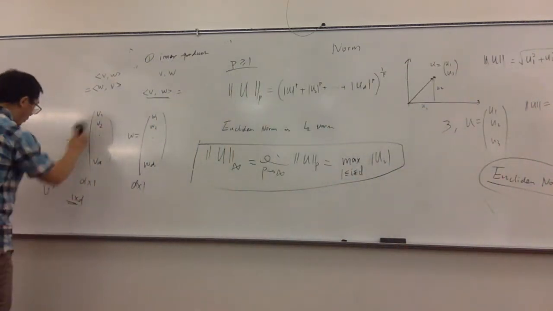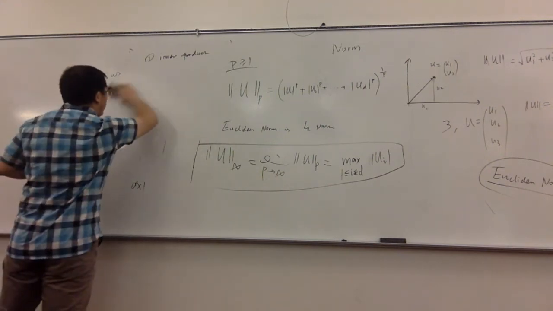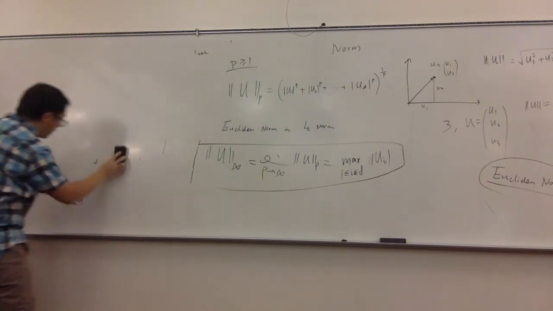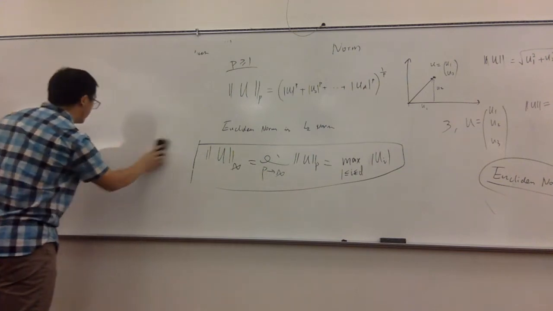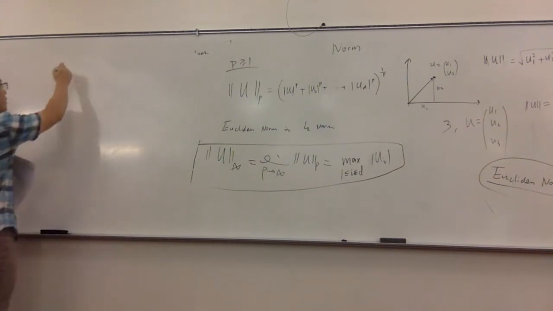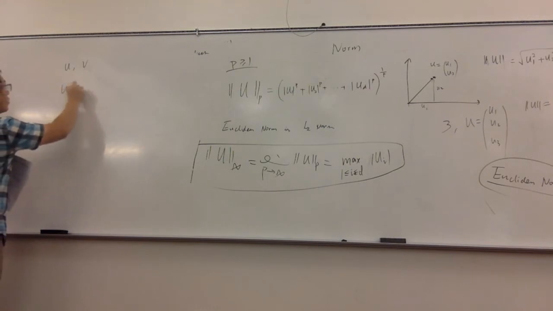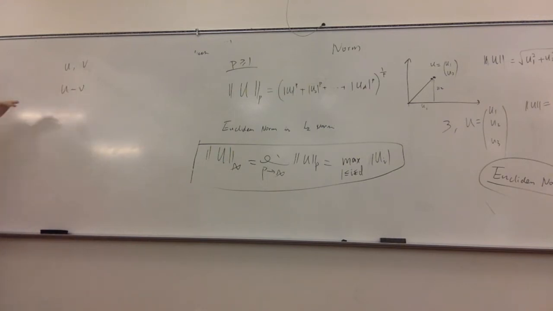We can understand the LP norm from another point of view, namely, as a kind of distance metric. That is, we can consider two vectors, U and V. We first subtract the two vectors, U minus V, and then take the LP norm.